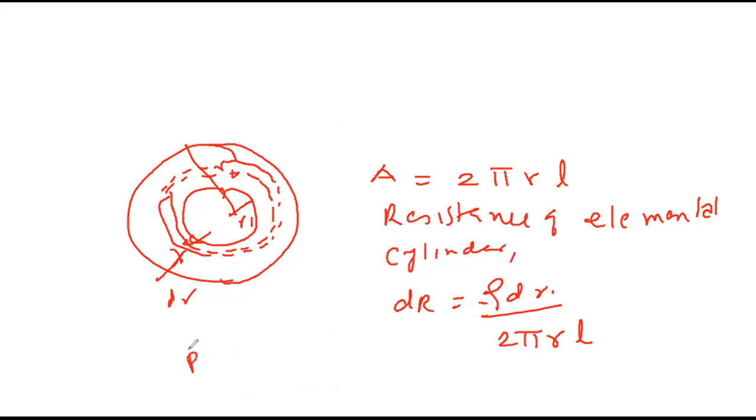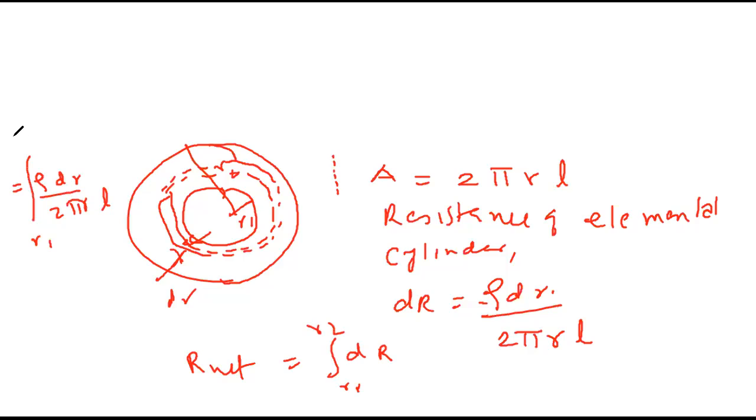So can I say net resistance will be addition of all dr, dr, dr. So it is integration of dr from r1 to r2 variable. So that will become rho dr upon 2 pi rl from r1 to r2. Rho constant, 2 pi l constant, dr upon r is that variable term r1 to r2.